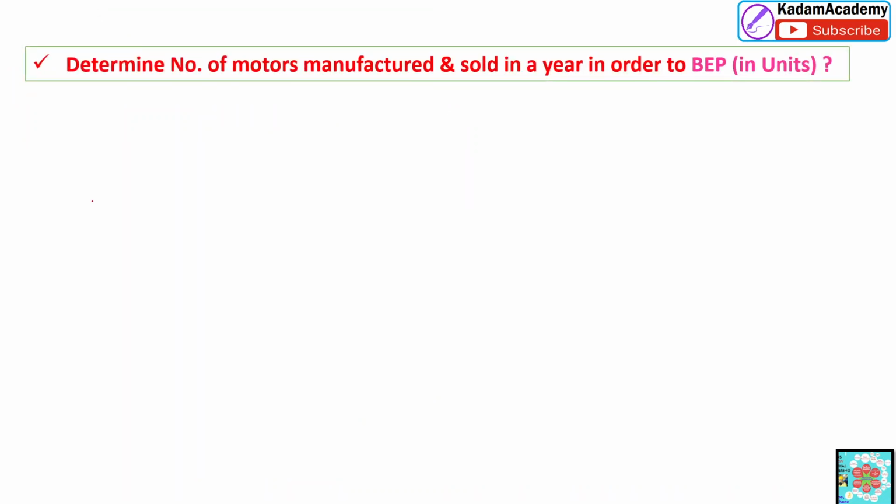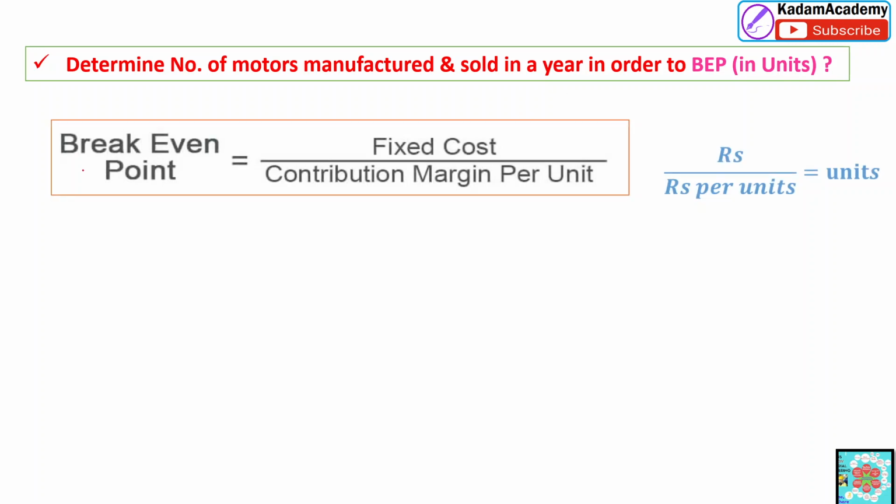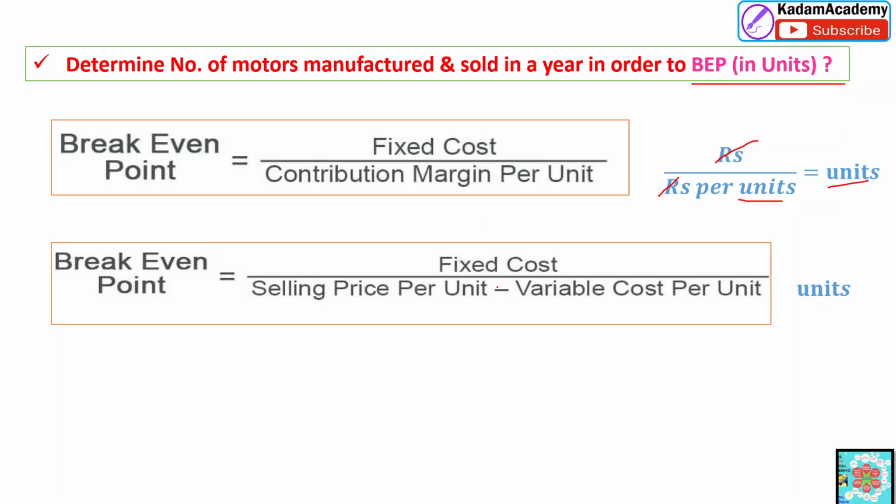We'll go further. First point: determine the number of motors manufactured and sold in a year. How do we find the break-even point? BEP in units is fixed cost upon contribution margin per unit. The rupees cancel and per unit remains, and here unit means the motor. The contribution margin per unit is the selling price per unit minus the variable cost per unit.